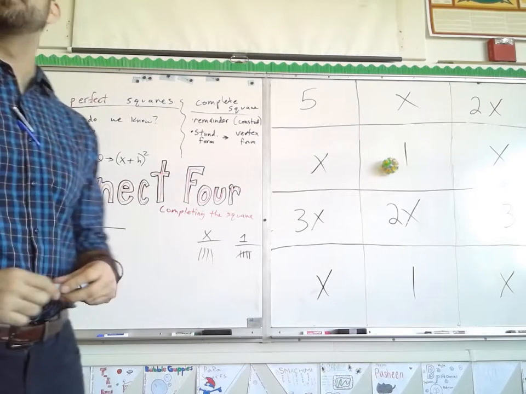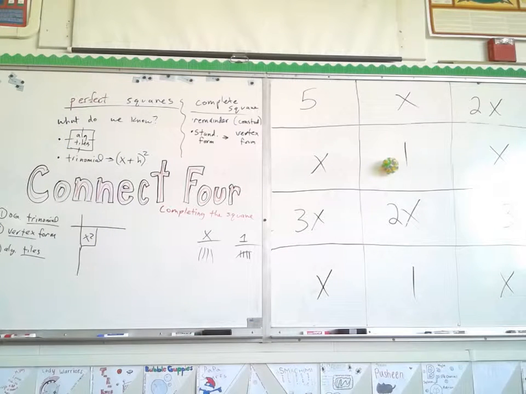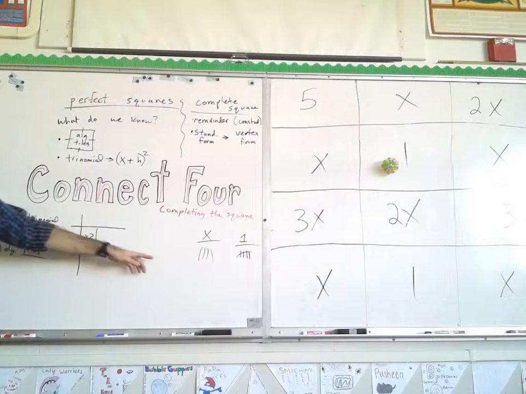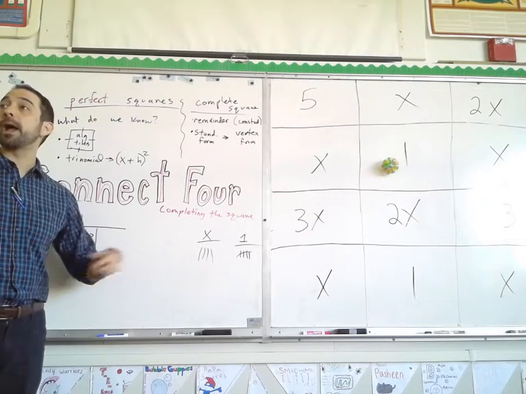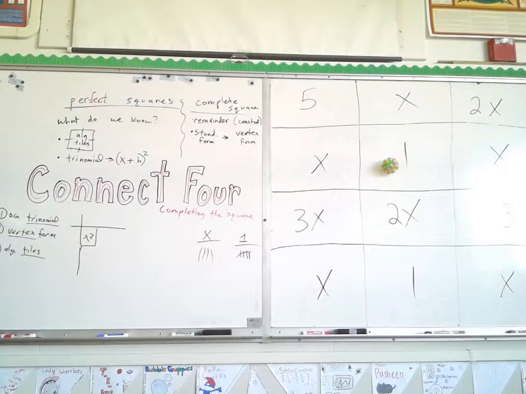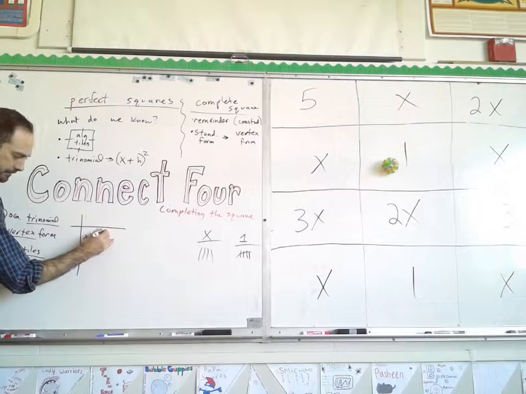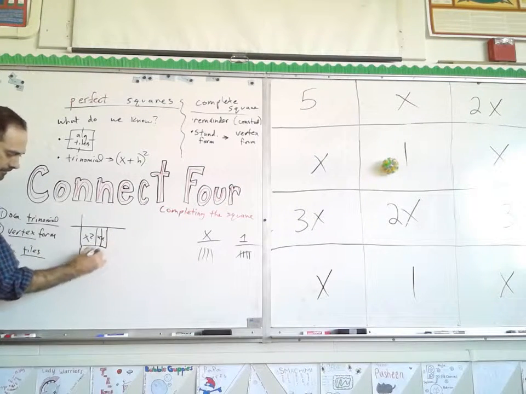Okay. Somebody who feels pretty confident, go ahead and let me know, where should I put these tiles? How about the 4 x's? Tell me where and why. What do you think? Lawrence? 2 on the top. 2 on the top? And 2 on the bottom.